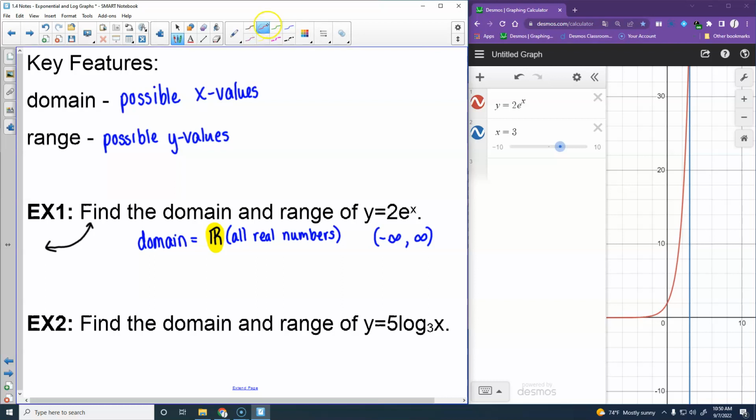Let's make ourselves a note right here. A note. Domain of an exponential is always all real numbers. Okay, so that should always be the case.